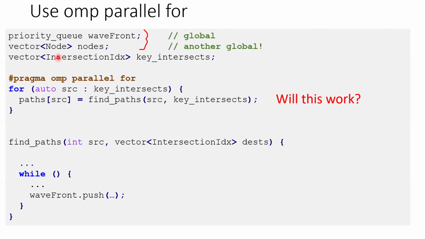If we just do it for multiple sources and we do it with multi-threading, which means that we are calling a bunch of find paths in parallel. Will this work? If you look in here and here.